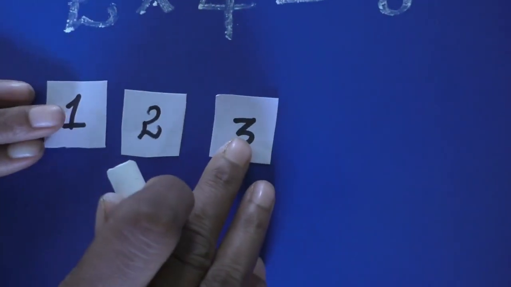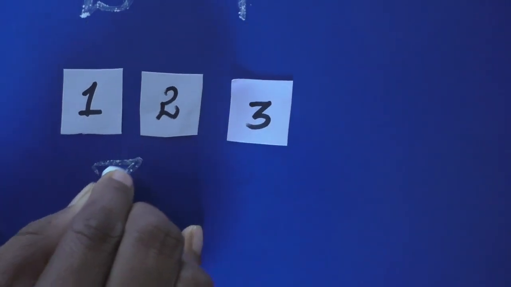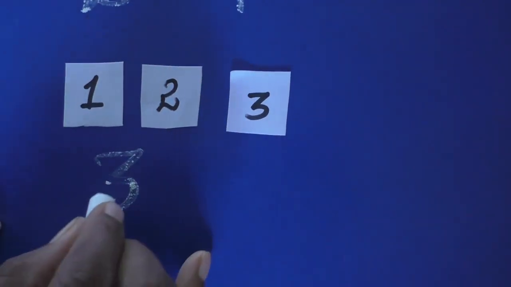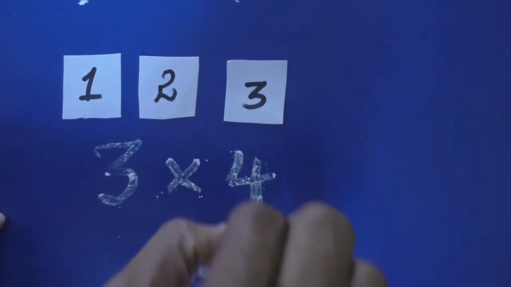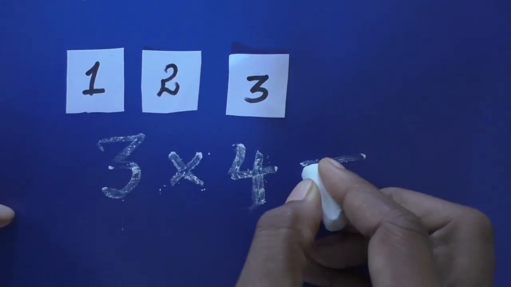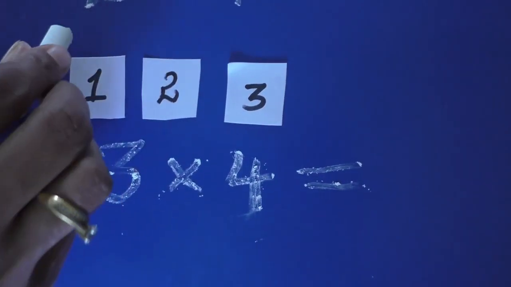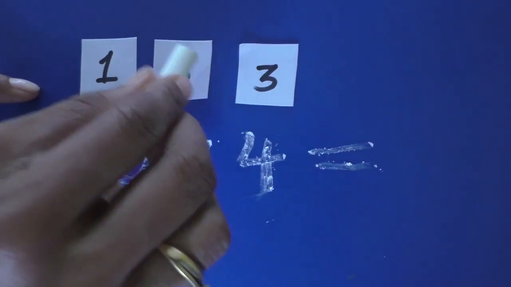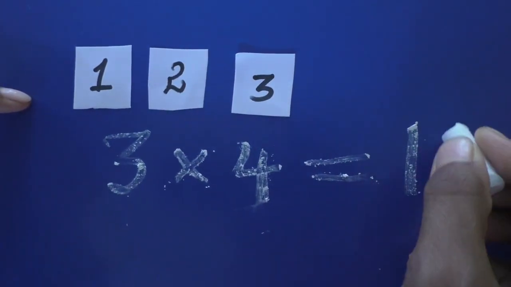Next we have 3 squares, that is 3 groups into 4 sides. So 3 into 4. How much is 3 into 4? 1, 2, 3, 4, 5, 6, 7, 8, 9, 10, 11 and 12.